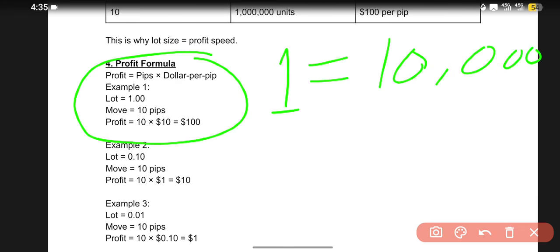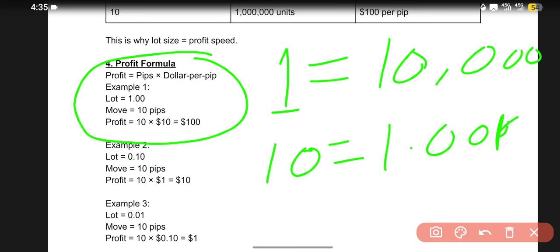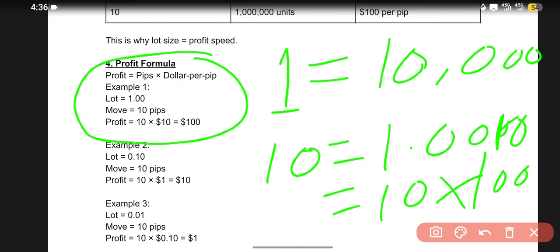So with every one lot size of trade you place, which is equal to 100,000 units, per every 10 pip movement, every 10 points movement, every 10 in 1.000, let's say 0.10, is equal to 10 times 100, which will be 10 times 10, which will equate to 100.